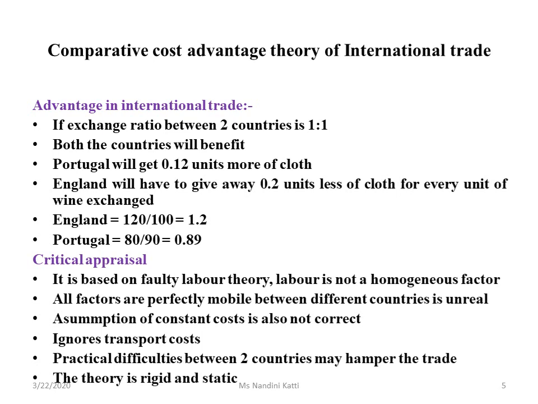This is understood by the ratio that England has 120 of wine to 100 of cloth, which gives 1.2, and Portugal on the other hand has 80 units of wine to 90 units of cloth, which gives 0.89. Hence, Portugal gets more of cloth and England is able to give away less units of cloth for wine exchanged.